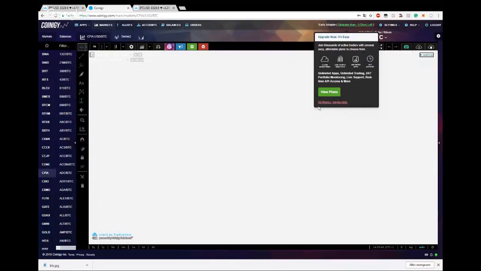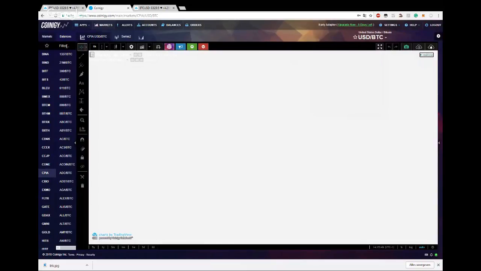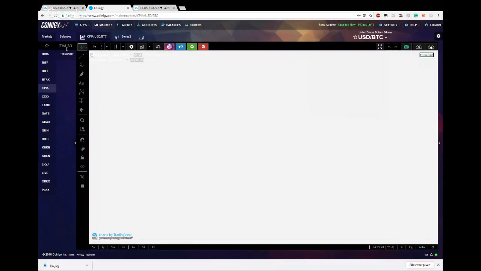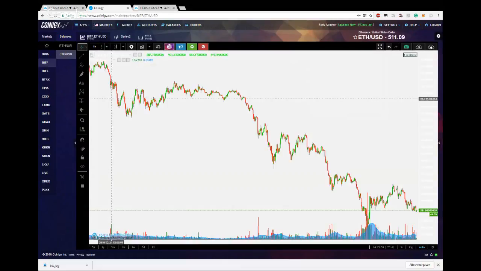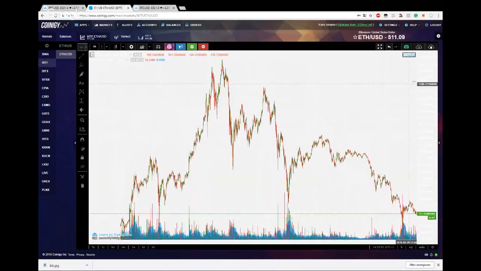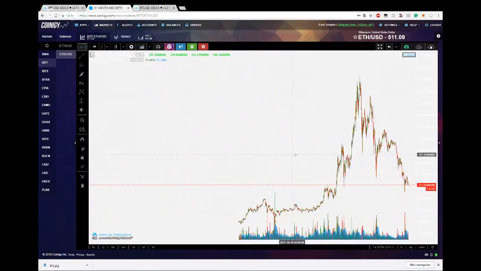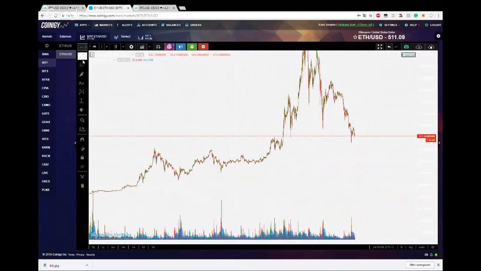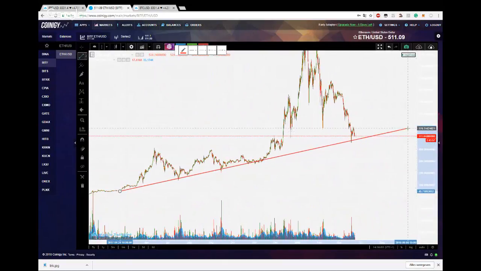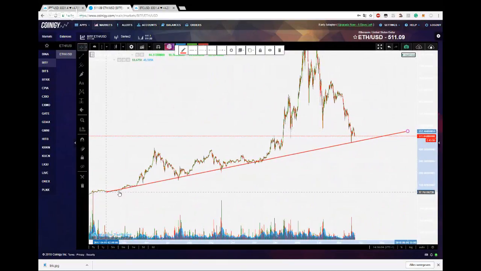So, altcoins. ETH is not very difficult. Obviously, we have a very large support going on here.